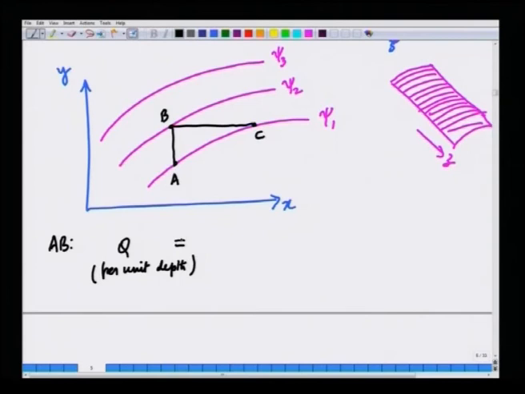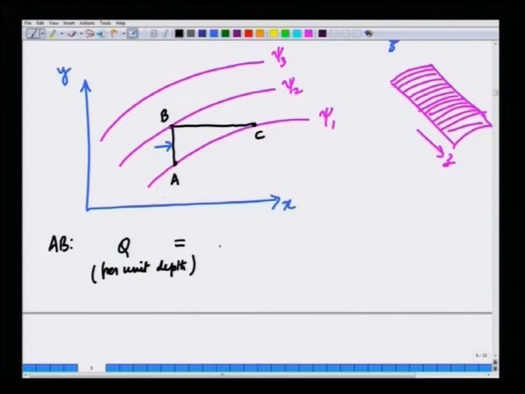I am choosing this surface AB because it is perpendicular to the x axis. So, the only component of the velocity vector which is going to cause flow across this surface is the x component, because the y component is parallel to this surface, so it cannot cause any flow.